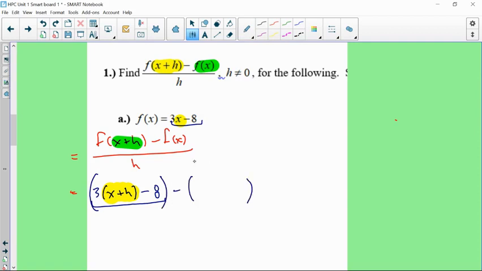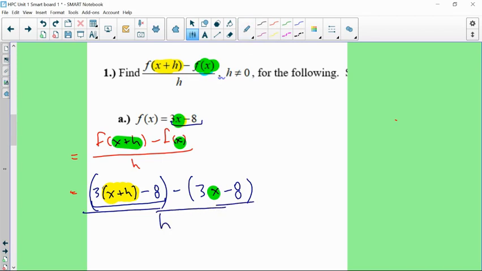Well, f of x is just 3x minus 8. Notice that x is just an x, but it still has a structure: 3 times something minus 8. Initially, the something was x plus h. Now it's just an x. And then all divided by h.